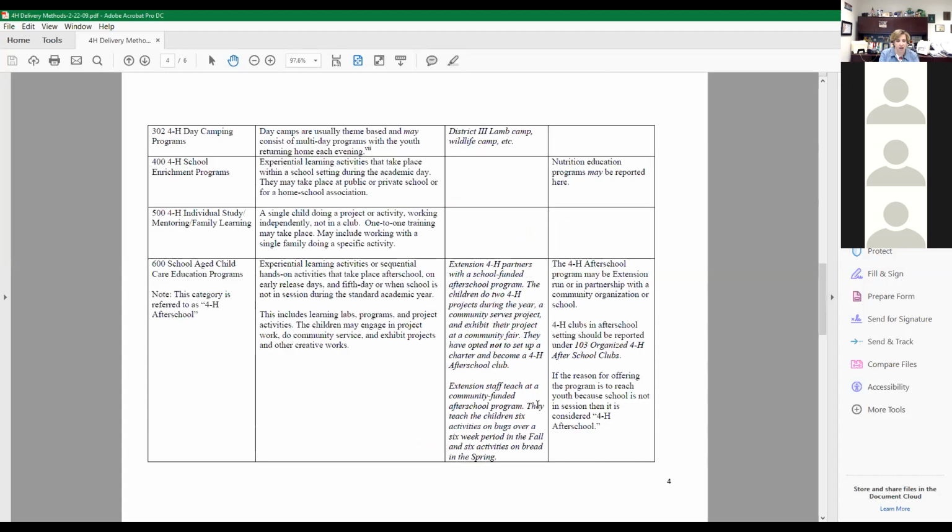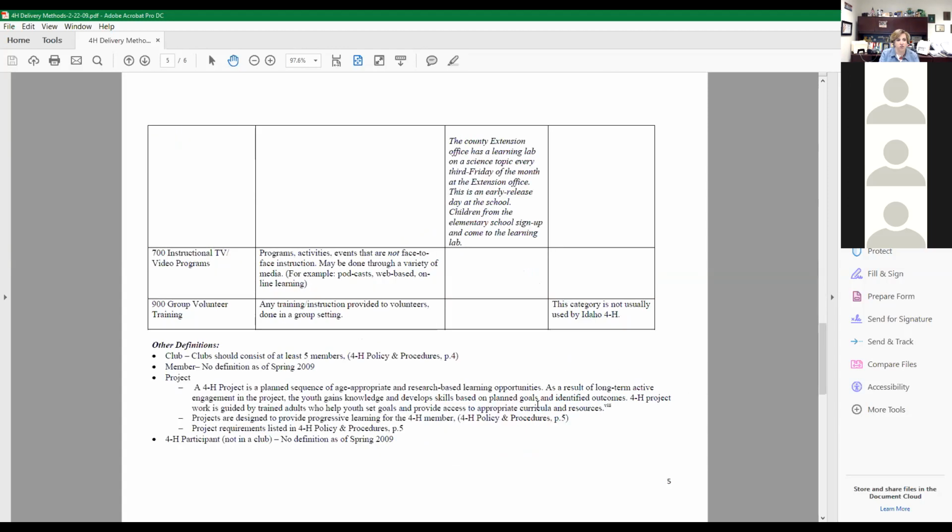And then the overnight camping again, and day camping, school enrichment, the school age or the after school, the instructional. There is also a category on the group enrollment form, the group volunteer training.